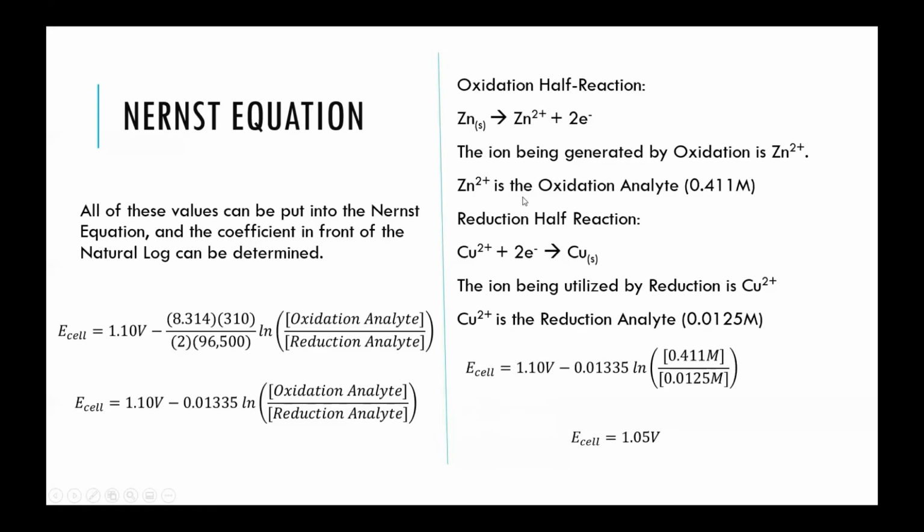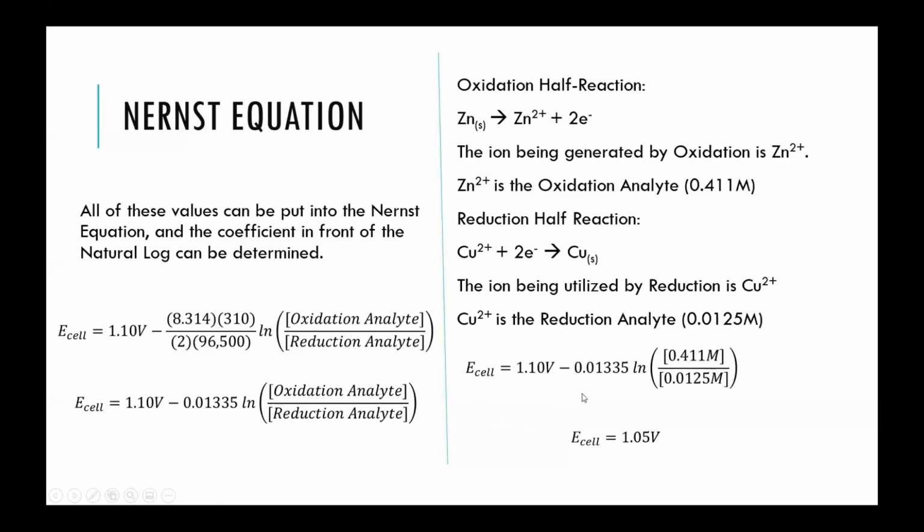And our concentration is 0.411 molar. On the other side, in the reduction, copper 2+ is being reduced. That's slowly going down. And with this copper 2+ going down at this low concentration, that's the reduction analyte.